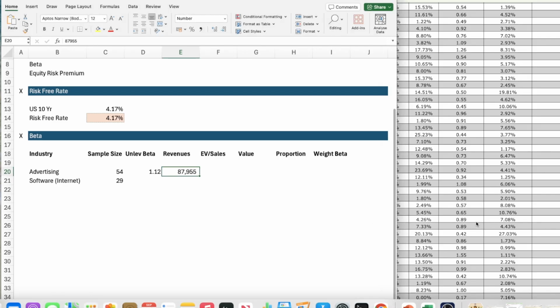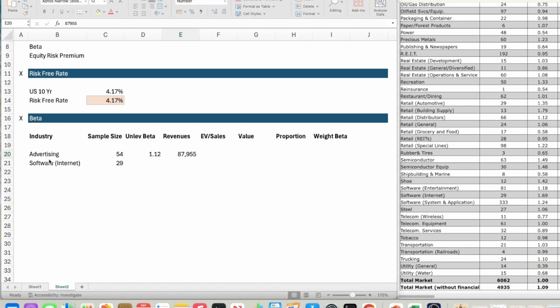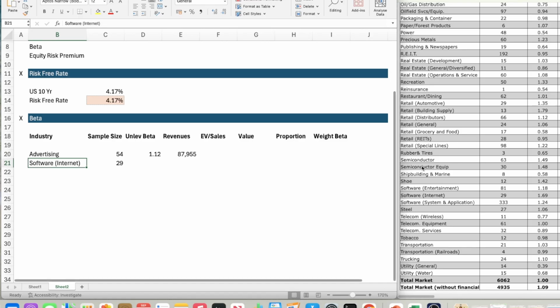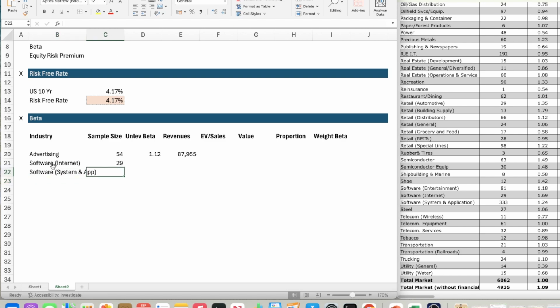So let's not call it software internet. Let's call it software system... no, let's do that one, software internet, and the Reality Labs to be system and application. And that is 333.